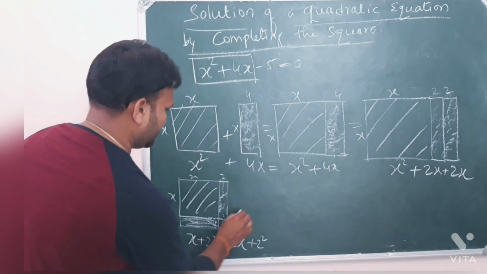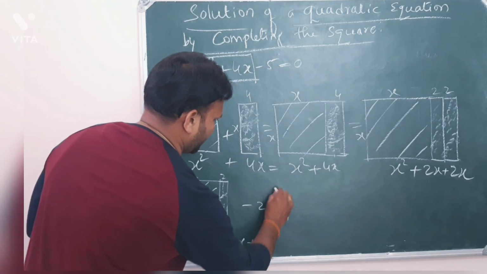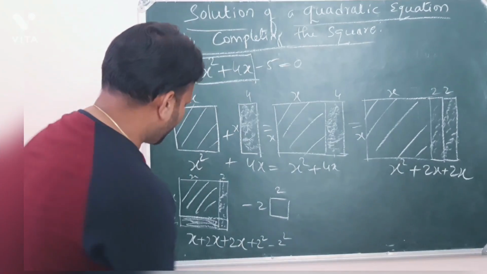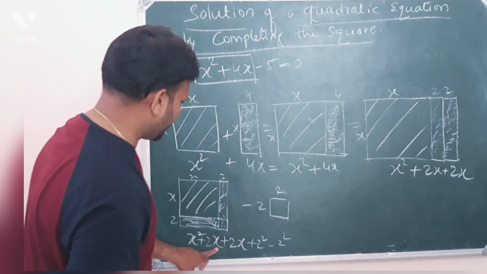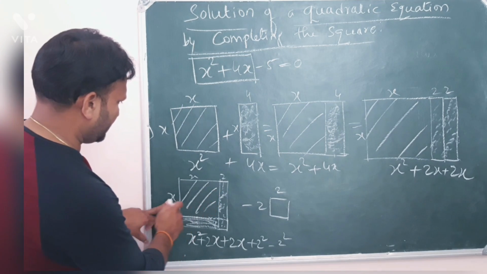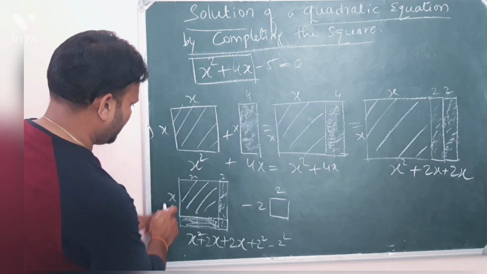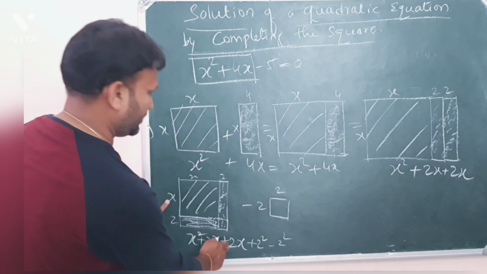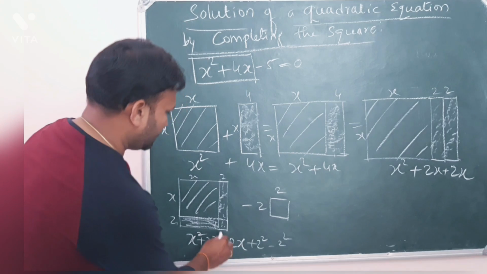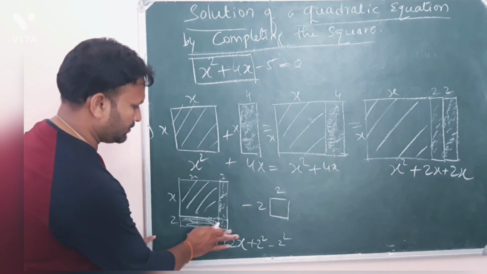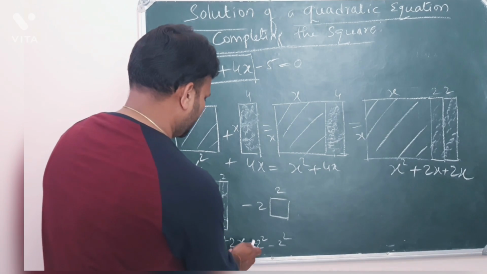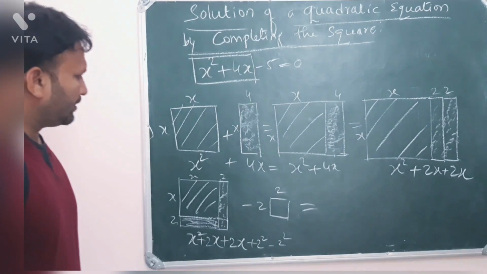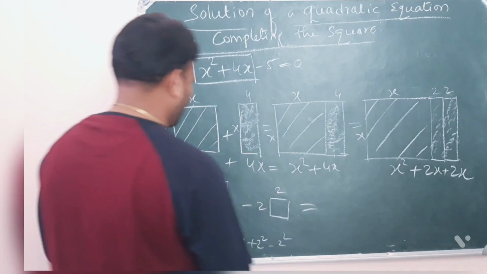If I join this, I have to remove that square here: minus 2 square. X square plus 2x, that is x square plus x into 2, 2x, plus 2x plus the square I have taken, so that is 2 square minus 2 square. Now it will be a complete square.